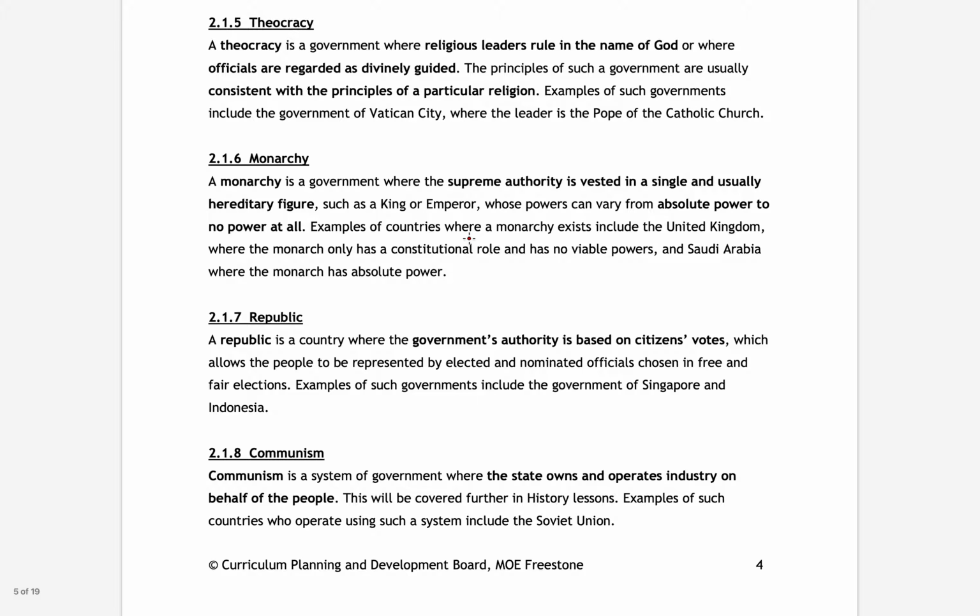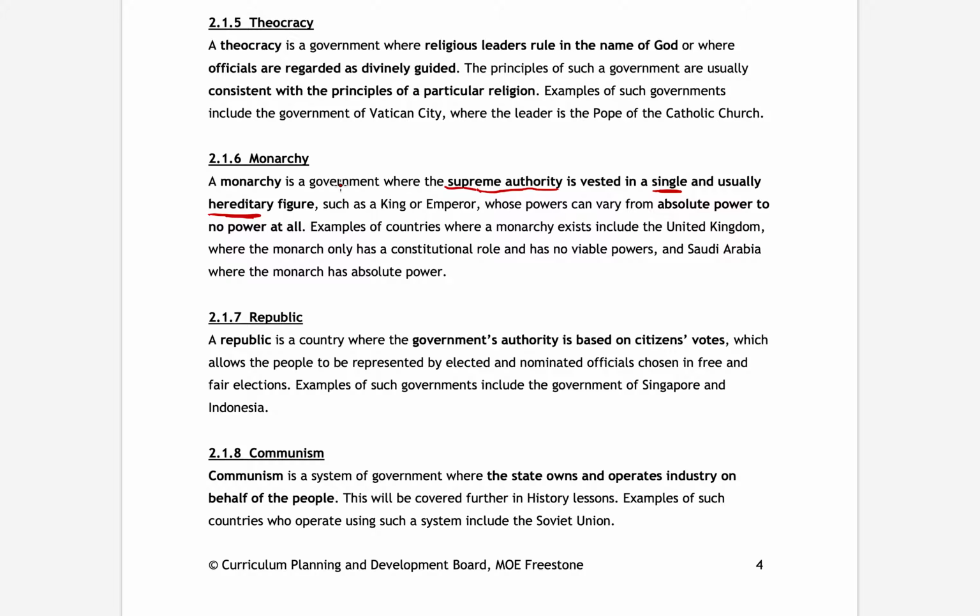Now, a monarchy, that's something you might be a little bit more familiar with. A monarchy is when the supreme authority of the state, the highest authority of the state, is vested in a single, usually hereditary figure. A monarchy can come in the form of a king or queen or emperor or empress, for example.